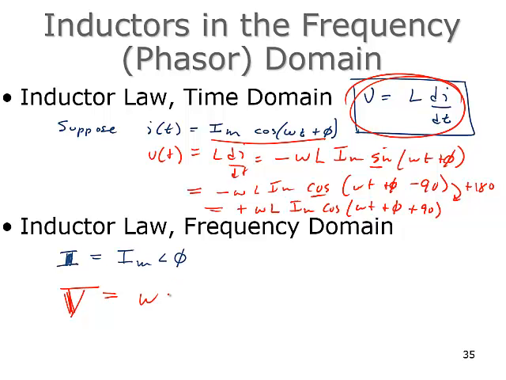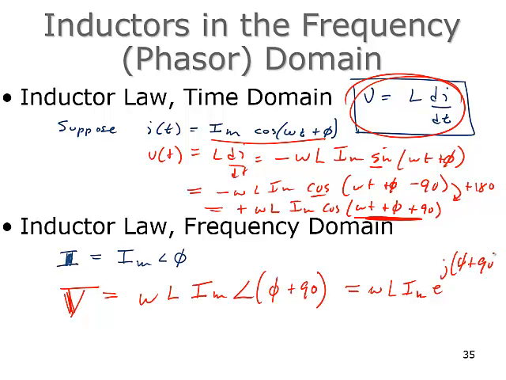So omega times L times the magnitude Im, and I've got a phase angle here, not phi anymore, but phi plus 90, right? Okay. And a 90 degree phase shift, if you put this in our Eulerian exponential form, that's Im e to the j(phi plus 90), right?